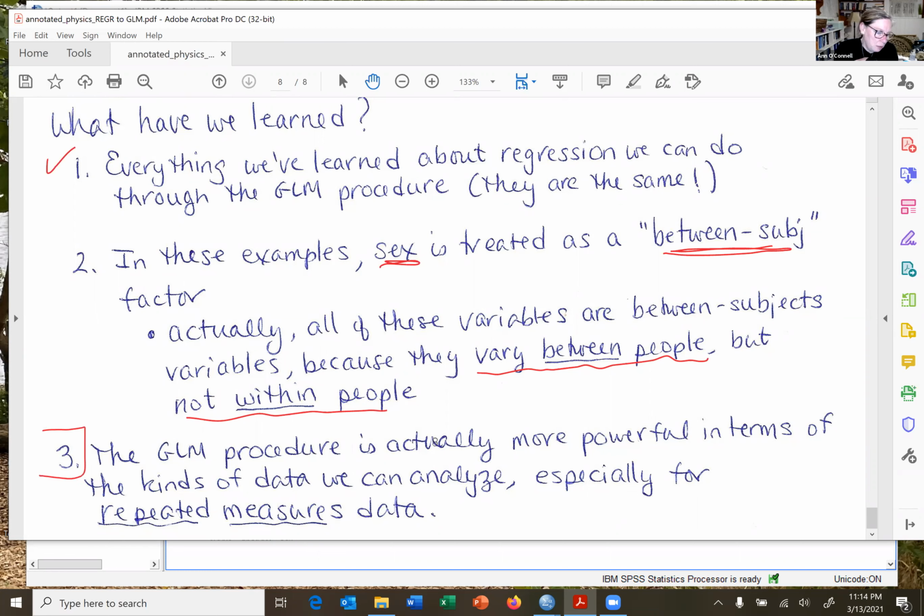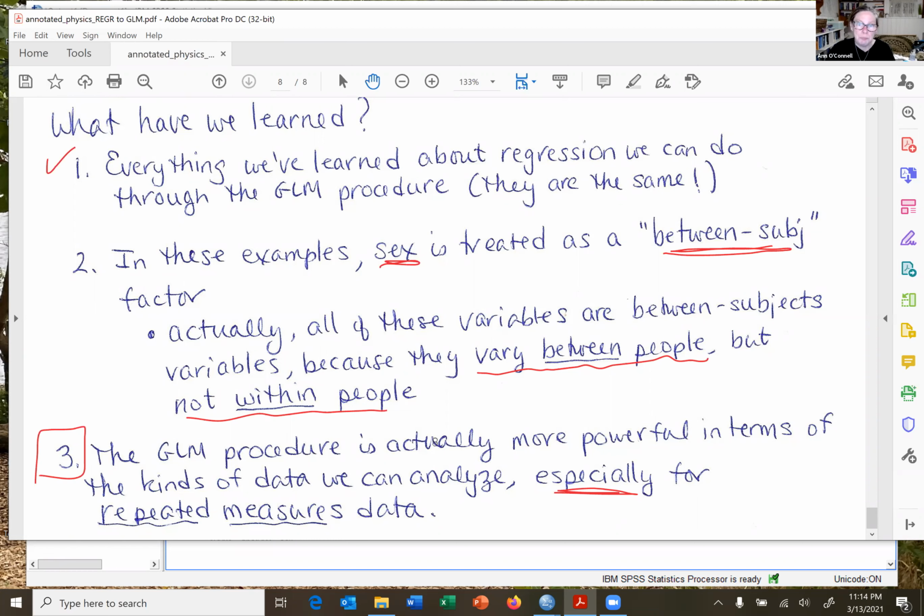So this GLM procedure is actually a lot more powerful in terms of the kinds of data we can analyze than regression is, especially for repeated measures data. And when we have repeated measures data, we actually make a distinction between which variables change between people, like sex or verbal SAT scores.